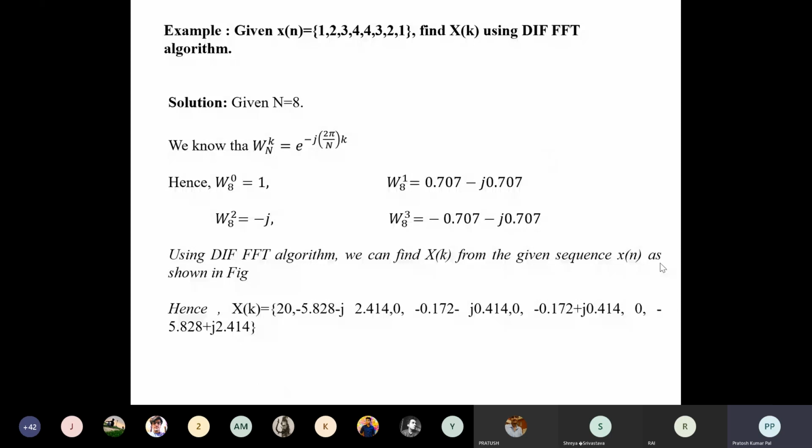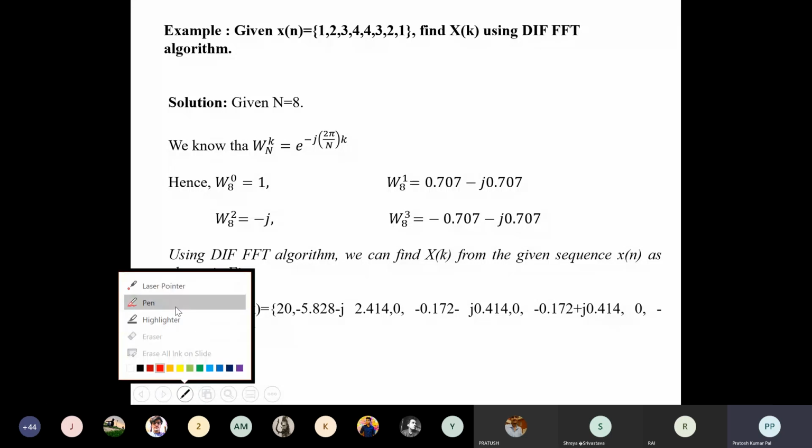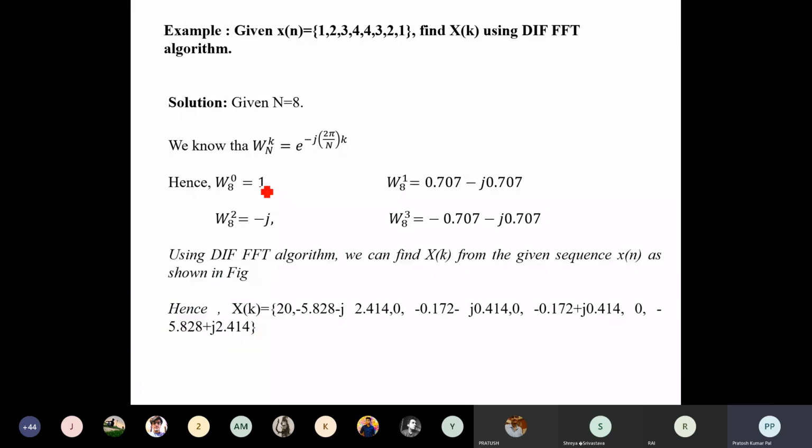Okay, so we will see some numericals based on DIT and DIF algorithms, and we will try to solve it with the method that we have studied in the previous class.